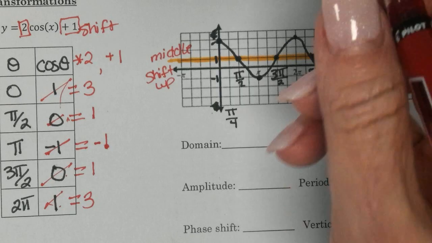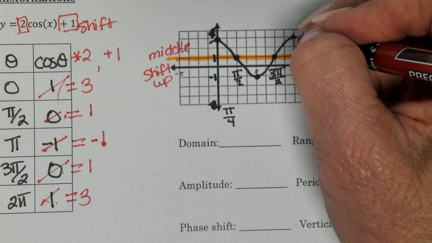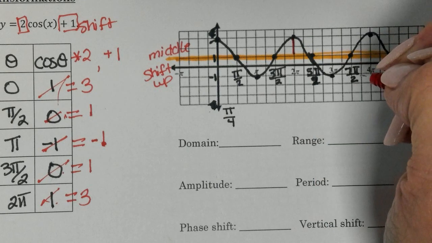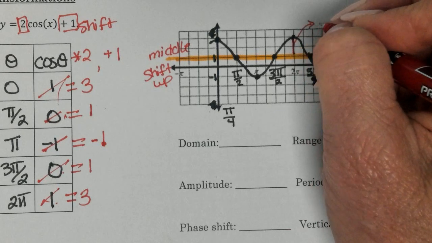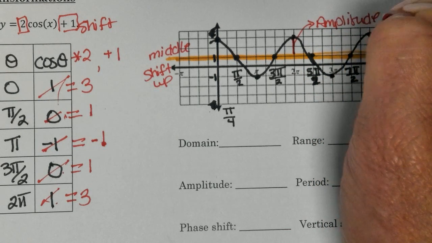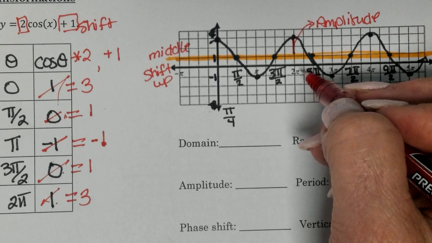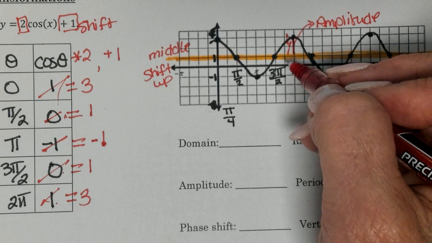And then our amplitude, remember our amplitude is always the distance from the highest point to the middle or the lowest point to the middle. And our amplitude is no longer 1 like it normally is for cosine, but instead it's stretched to 2.